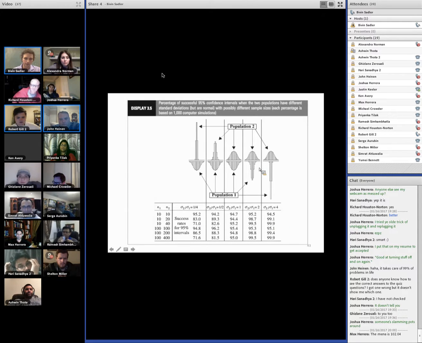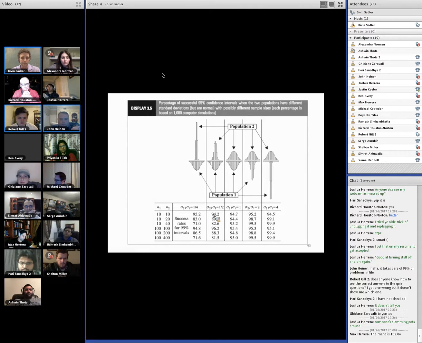With decreasing violations of that assumption, you have fewer problem circumstances, but still pretty bad. The be-all, end-all here is when your sample sizes are the same, you're robust to most differences of standard deviations. If your sample sizes are different, then you've got to worry about it.